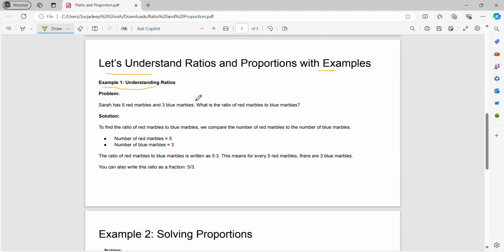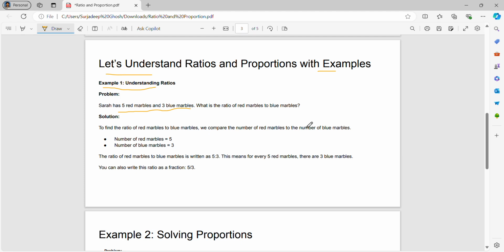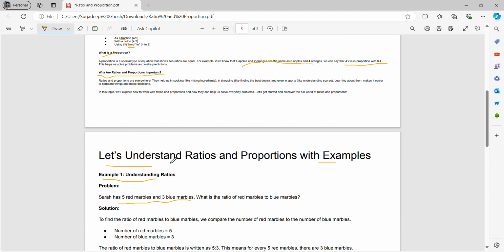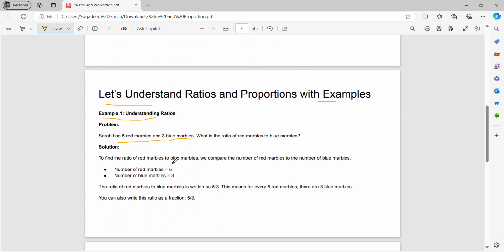Let's assume a problem: Sarah has 5 red marbles and 3 blue marbles. So what is the ratio of red marbles to blue marbles? It is basic. If you see the introduction part very clearly, then you can easily answer it. I will teach you step by step.